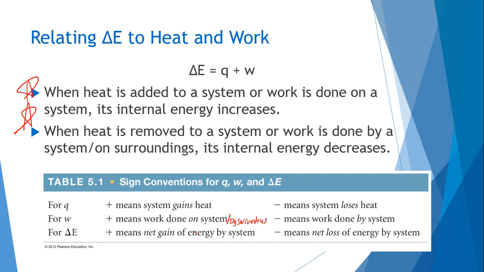If work is done by the system, or on surroundings, that's going to be a negative value. And this overall is going to affect our change in E. Now, I am not going to give you this table. This is something that I will expect you to know for your test, as a little heads up.